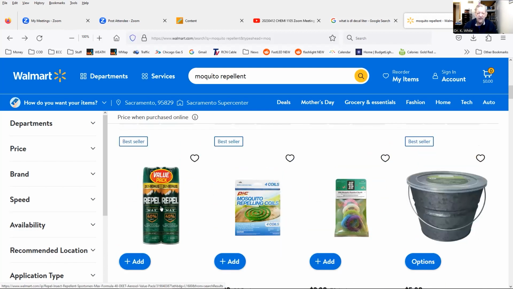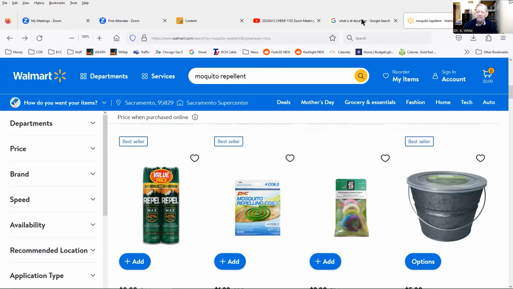Now, being an organic chemist, I know that the material that is a mosquito repellent is called DEET, and I'll talk more about DEET later in the semester. That's an acronym for diethyl meta-toluamide. Let's look it up.